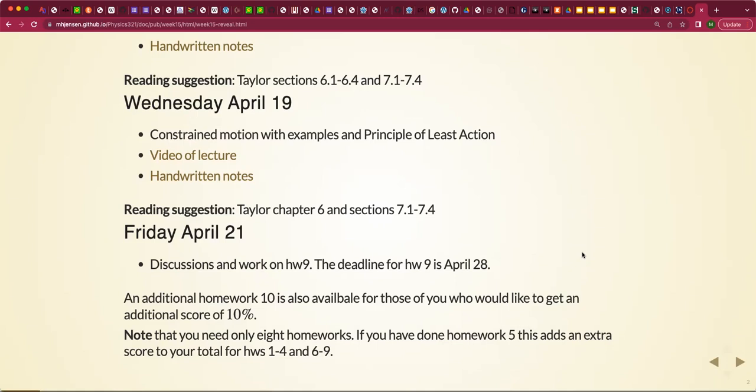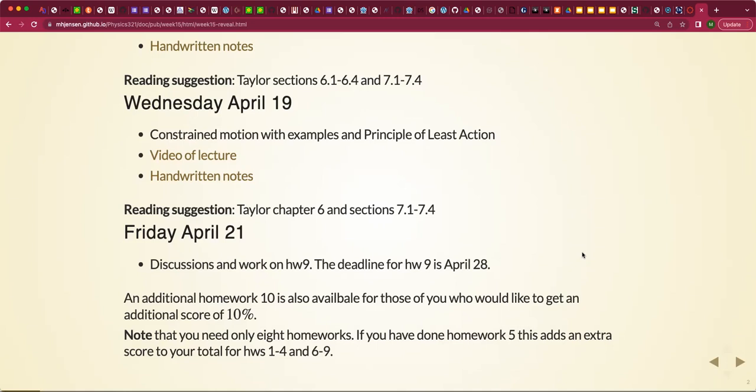And since homework 5 was not included in these canonical 9s due to the sad happenings, if you have done it, or if you want to do it, you can add that score on top of what you had. So suppose you ended up with 800 points on 8 homeworks, which gives you a score of 100. We'll divide by 8.